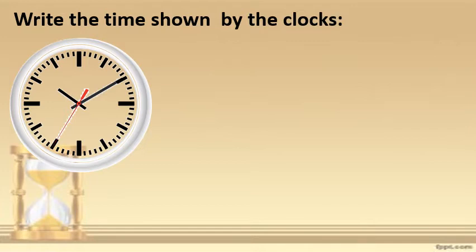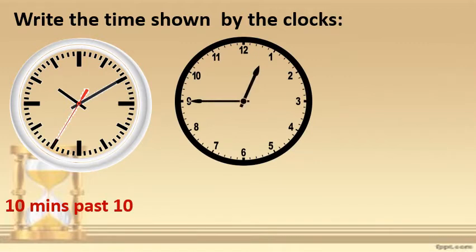10 minutes past 10, isn't it? Because our hour hand is between 10 and 11 and the minute hand is on 2. 2 means 10 minutes, isn't it? Next one, 45 minutes after 12, or we can say in the time language, quarter to 1, isn't it?